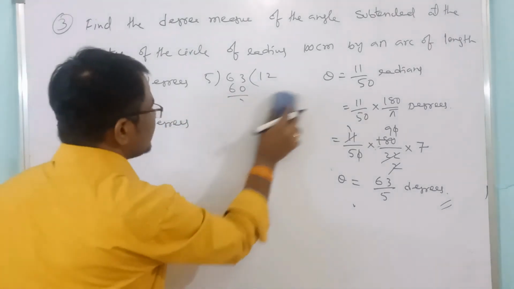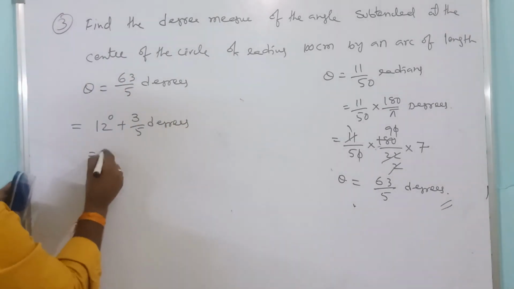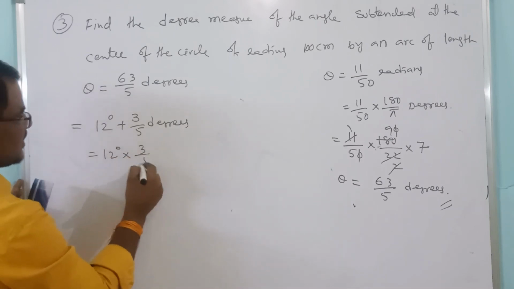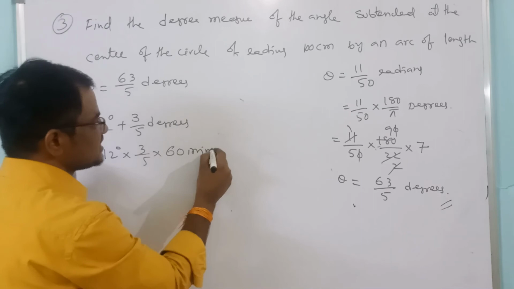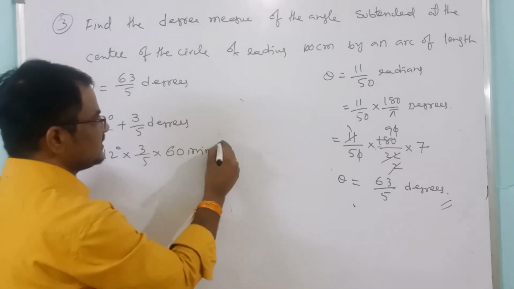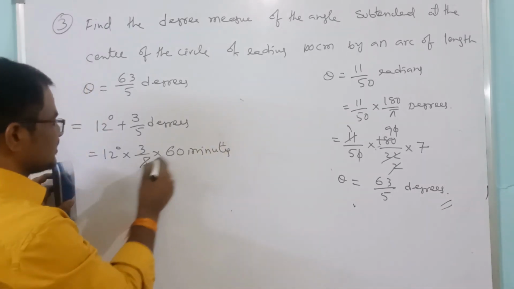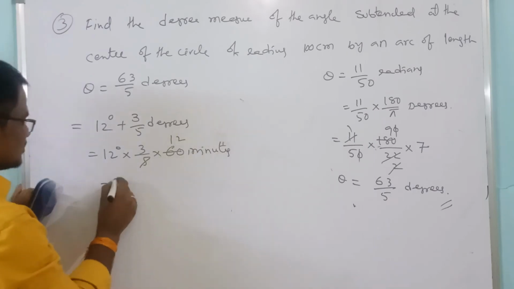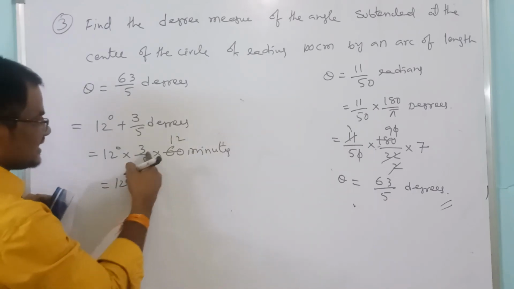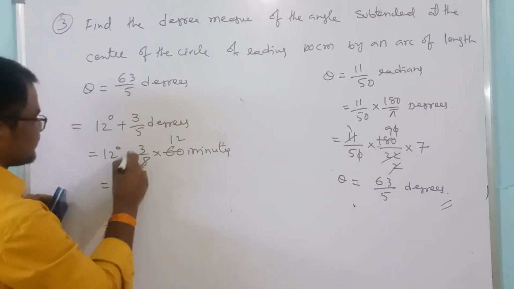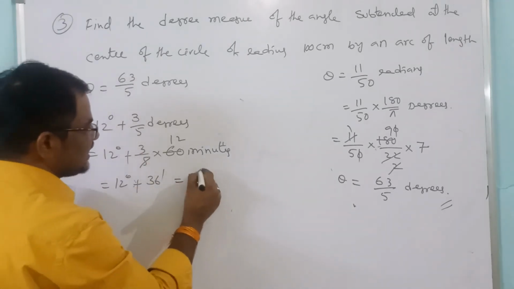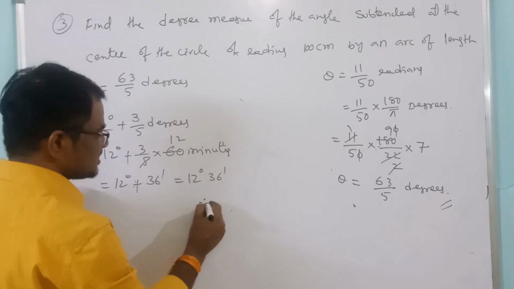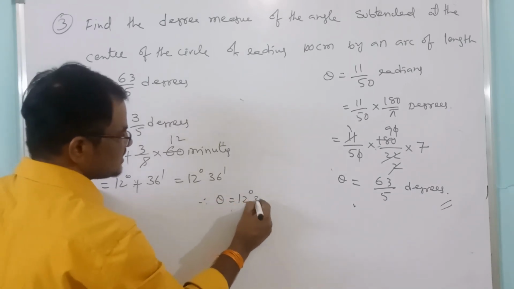Right? Now again this 3 by 5 degrees, convert into minutes by multiplying by 60. Now 36 minutes. Right? So that is equal to 12 degrees 36 minutes. Therefore theta equal to 12 degrees 36 minutes.